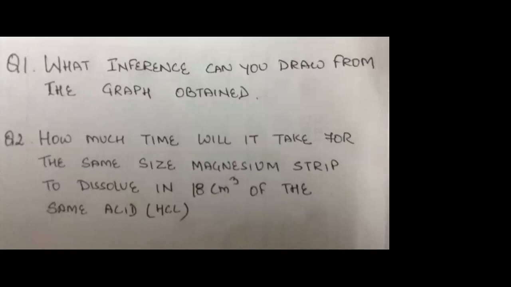Here the same acid means the acid that has been provided in the laboratory for the experiment to be conducted. Once again, I will just show you how to draw the table, and these two questions will have to be answered. So let me just draw the table once again and show you how you are going to do that.